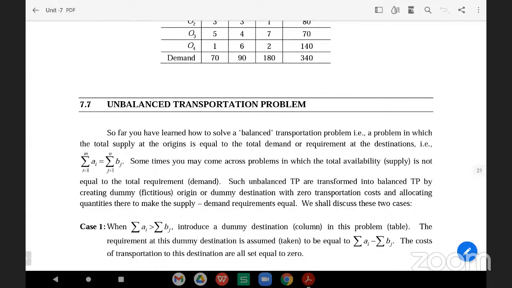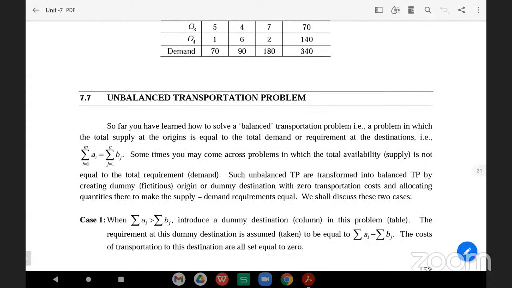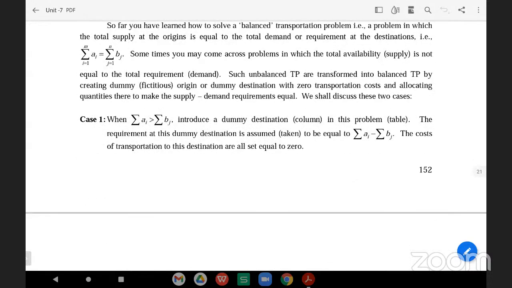Whenever it is not balanced, it is unbalanced: supply is not equal to the demand. To make it balanced, we will introduce one dummy row or a dummy column. The unbalanced problem will be converted into a balanced transportation problem. From that we can apply the previous methods. This is an overall idea about the unbalanced transportation problem, how the solution can be identified. That is the last concept we will study.